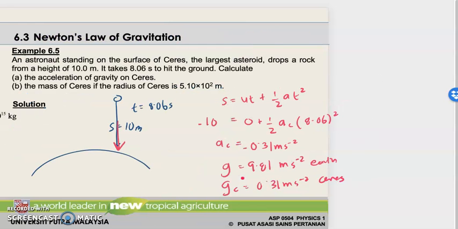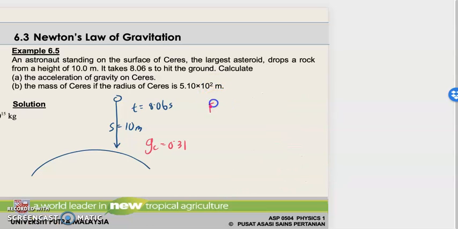So F gravity equals mass of object times gravity on Ceres equals G mass of object mass of Ceres over the radius of Ceres squared. Because I can't remember the equation of acceleration, I'm just going to write the full equation. This is the radius of the object to the planet, and we know that the object is super small compared to the planet, so we are just using RC instead of RC plus the radius of the object. Okay, sorry, it's not a planet, it's an asteroid.